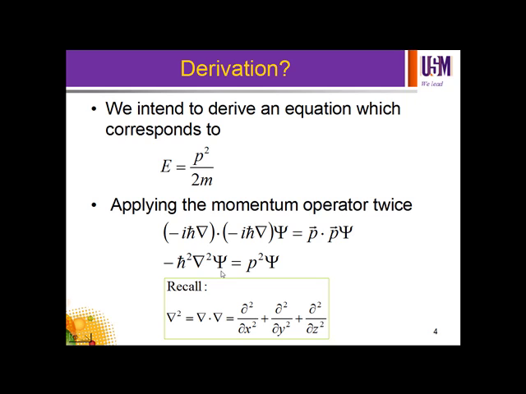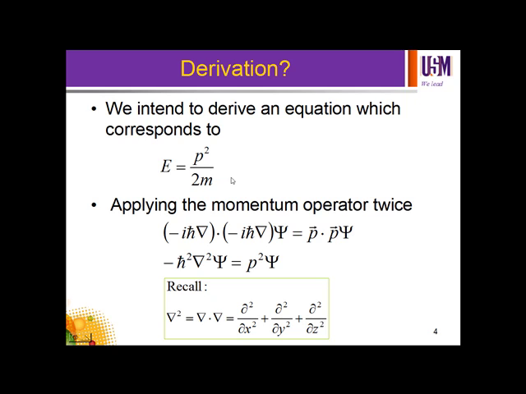So we intend to derive an equation which corresponds to the total energy, and for a non-relativistic situation, we can say that the total energy is equal to the kinetic energy, which is P squared divided by 2m, where P is the momentum.